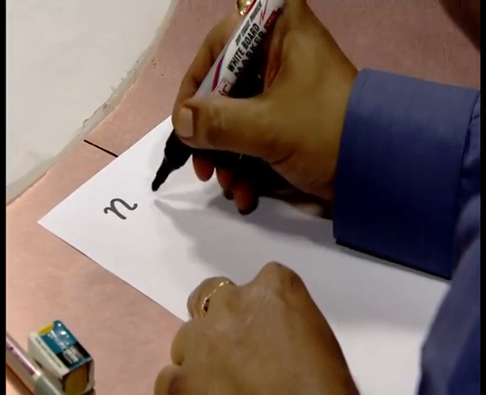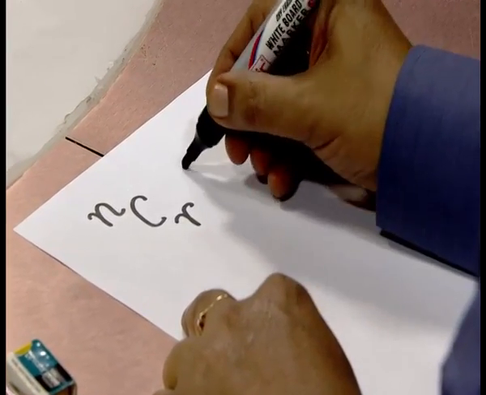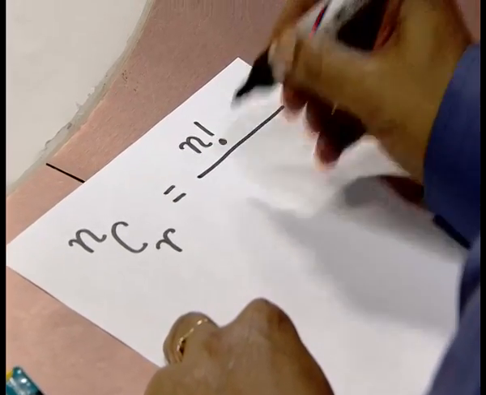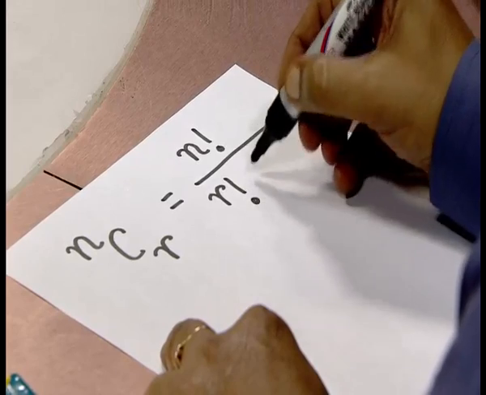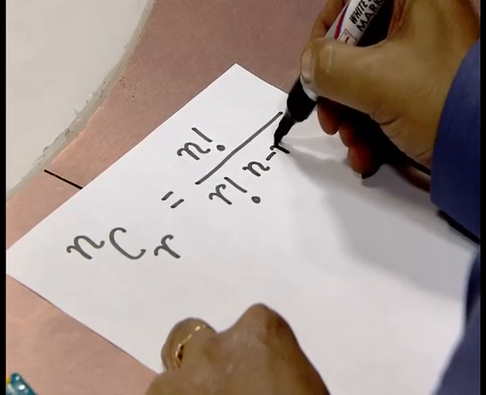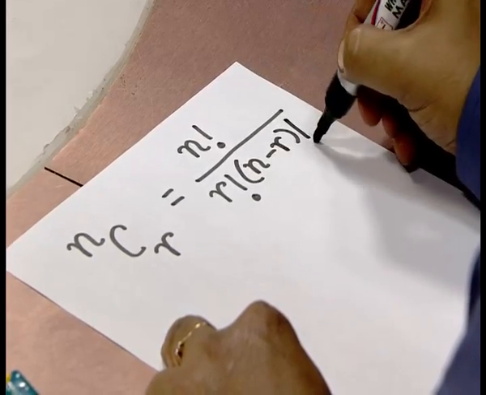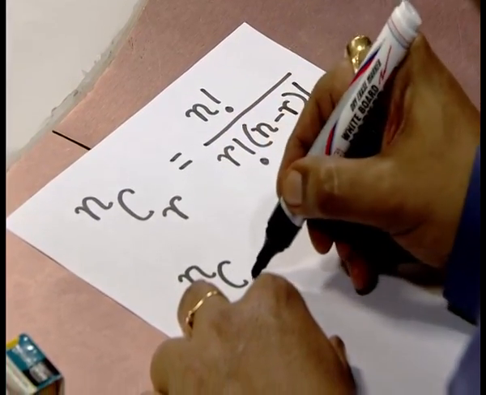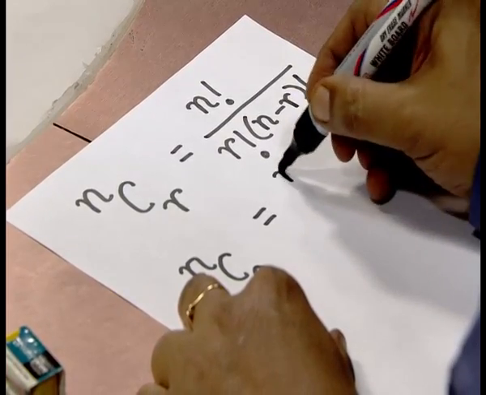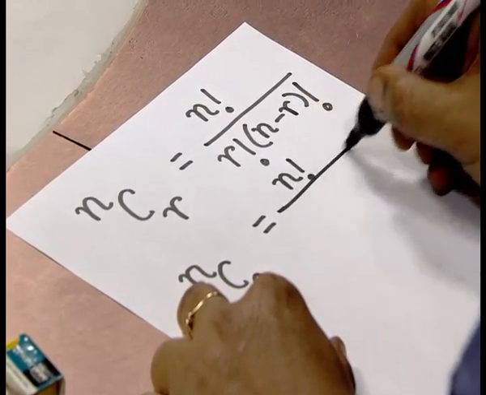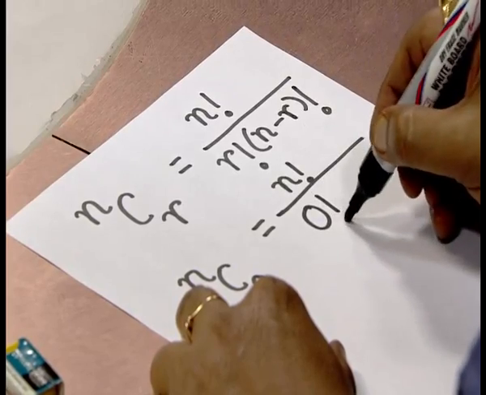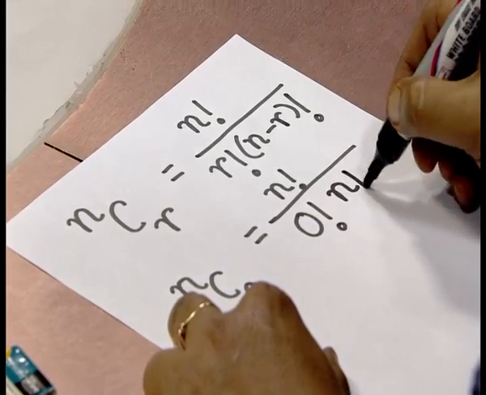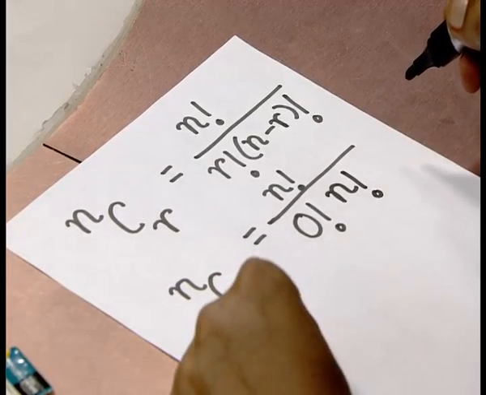You know this result, nCr is equal to factorial n divided by factorial r into factorial n minus r. So, nC0 is equal to factorial n divided by factorial 0 into factorial n minus 0, which is again factorial n.